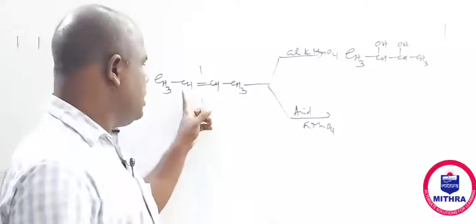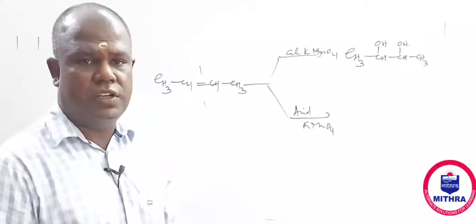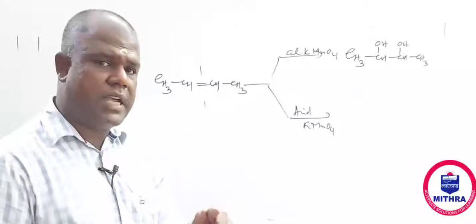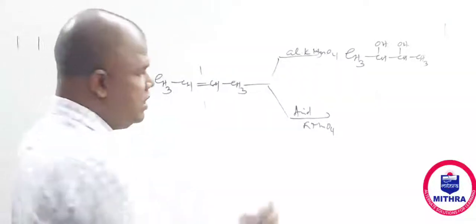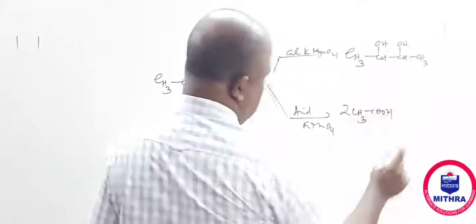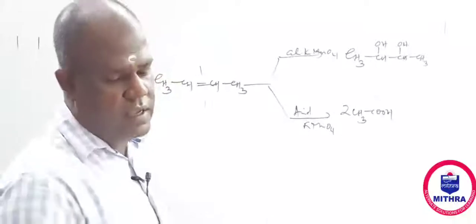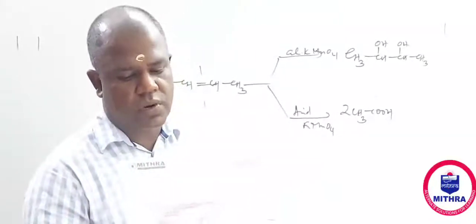But in this particular molecule, both of the double bonded carbon atoms have hydrogen. So that is turning to carboxylic acid only. So here the product is 2 molecules of acetic acid. So your answer is acetic acid, CH3COOH, option 1.